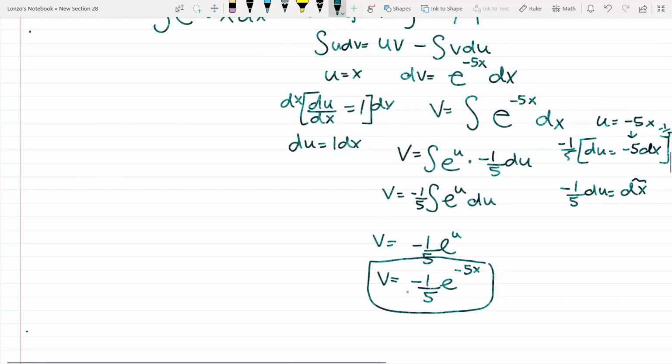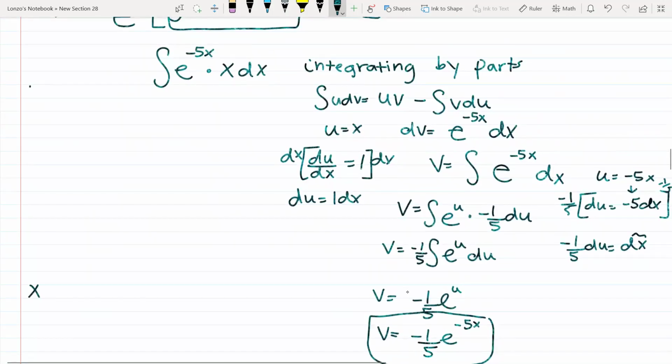Okay, so let's just continue. So what is our u? Our u is x. What is our v? My v is negative 1/5 e to the negative 5x minus the integration of v du.